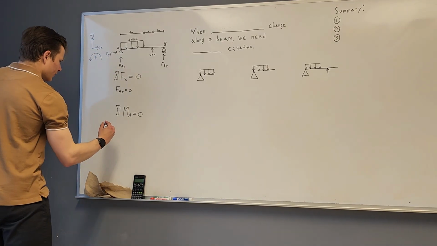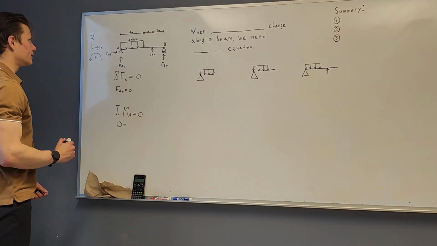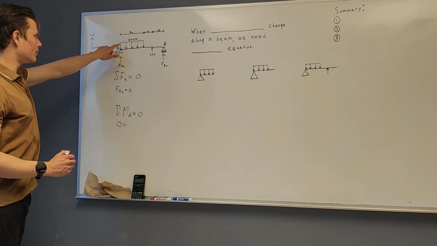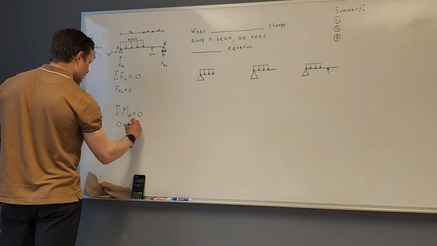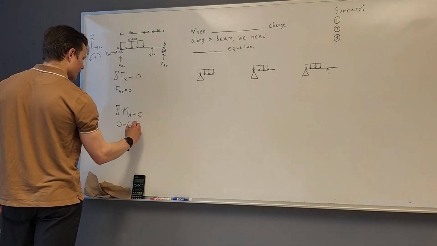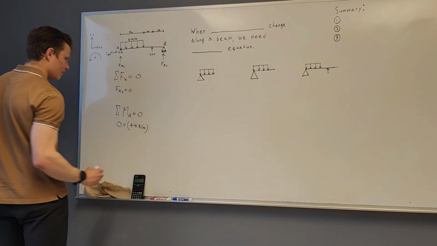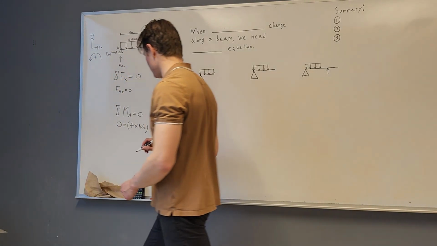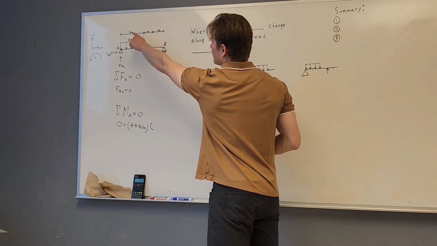So we know that 0 is equal to, the moment caused by this uniformly distributed load is going to be 4 kilonewtons per meter acting over a distance of 4 meters.